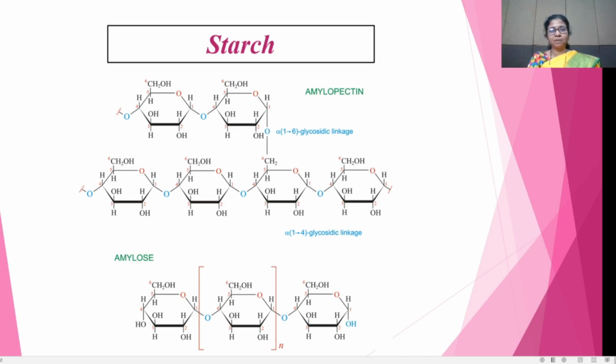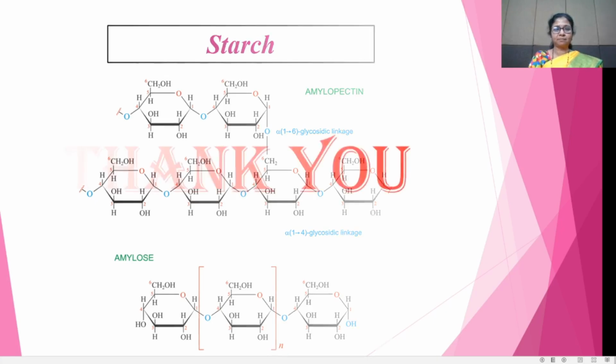For example, sucrose is formed by the glycosidic linkage between glucose and fructose. In this way, we studied the different Haworth projection structures of different carbohydrates, monosaccharides, disaccharides, and polysaccharides. Thank you.